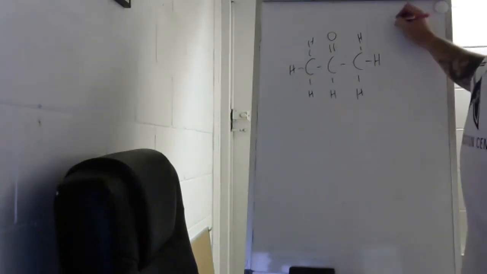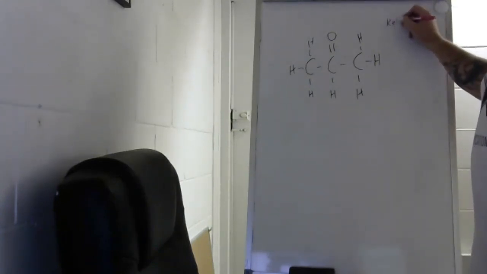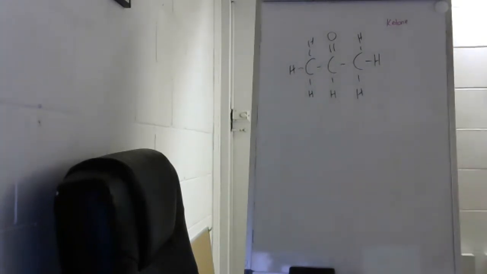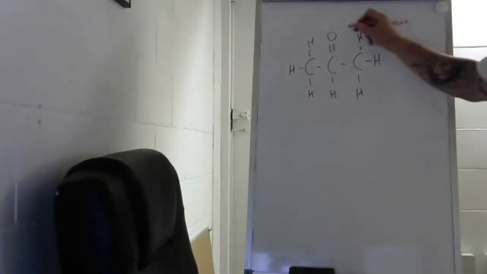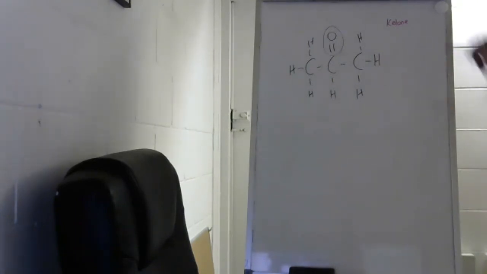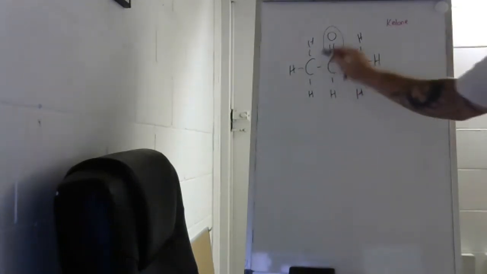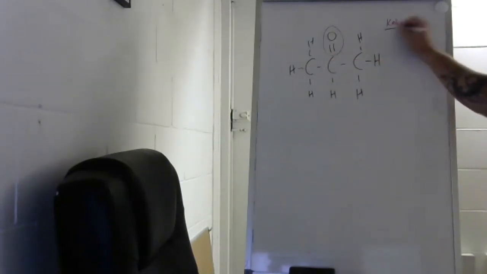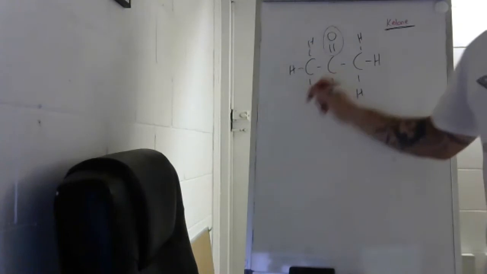So it's a ketone. How do we know it's a ketone? Well, it's got a carbon double bonded to oxygen. I'm not expecting you guys to know this already. This takes a bit of time to develop. But it's called a ketone because it's attached to two carbons. So it's a ketone. It's attached to two carbons.